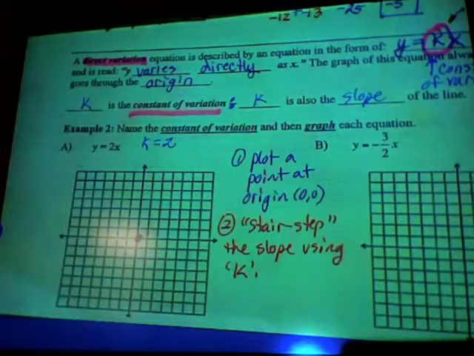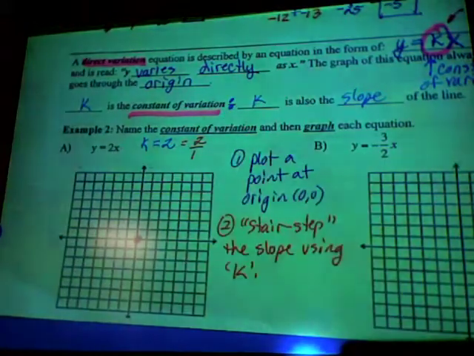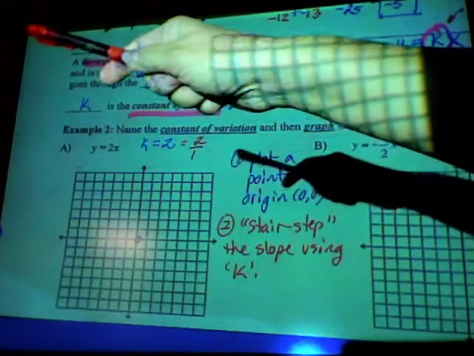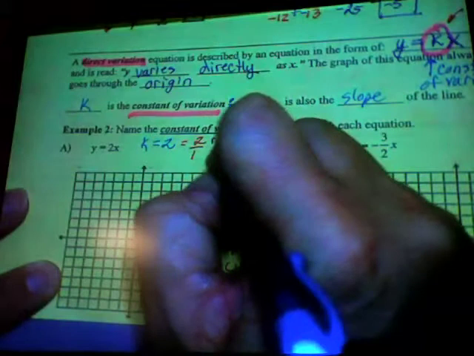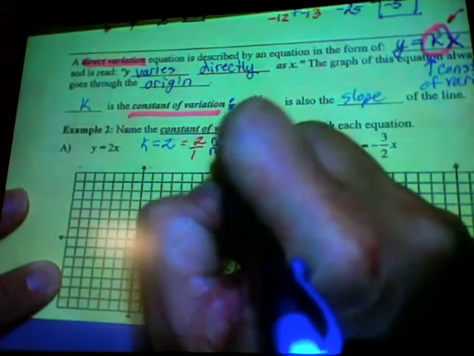So up here, if k is 2, we want to look at that as a fraction. So k is my slope. My fraction for 2 is 2 over 1. That's my rise over my run, isn't it? True or false? Yep, this is my rise, and this is my run.